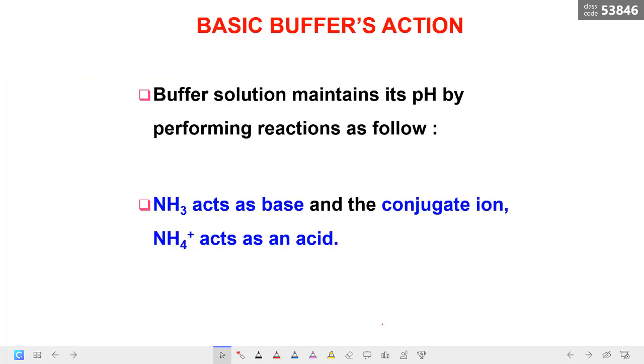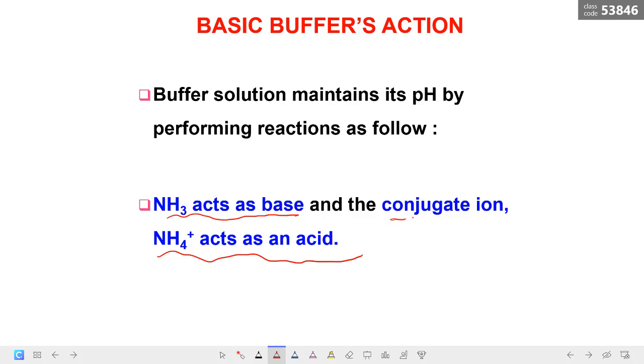Okay, now kita lihat basic buffer's action. Okay, jadi macam tadilah, buffer solution ni dia mesti boleh maintain its pH. Macam mana? By performing reactions as follow. Sebagai contoh, kita gunakan contoh tadi ammonia and ammonium chloride. Ammonia akan act as a base. Ammonium ion dalam salt itu akan act as an acid.